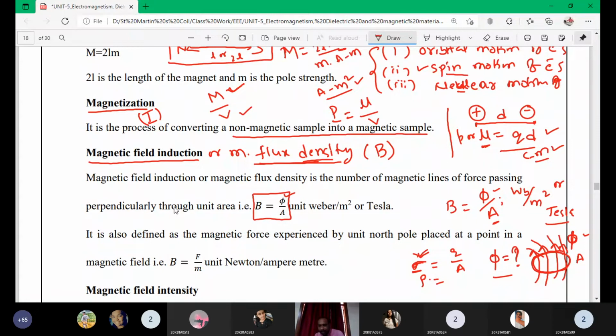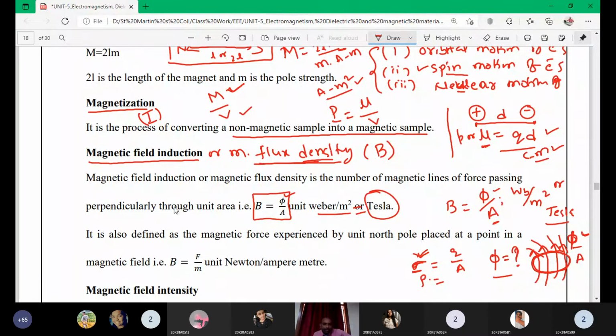Now magnetic field induction or flux density means flux per unit area. Units are Weber per meter square, or you can write Tesla. This Weber per meter square is equal to 1 Tesla.